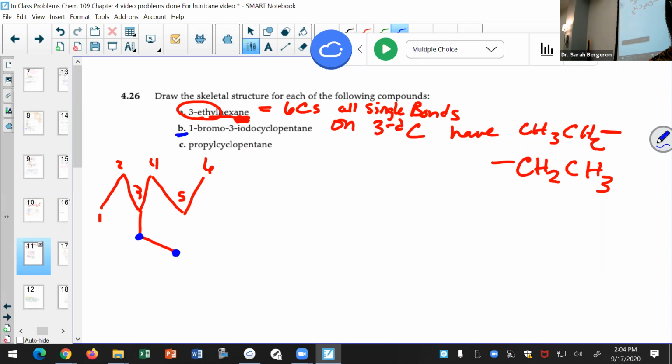Okay, let's do B. Tell me about B. Pentane, just tell me about pentane. Pent is 5 sides, like the pentagon, 5 sides. So we have 5 carbons. What kind of bonds?